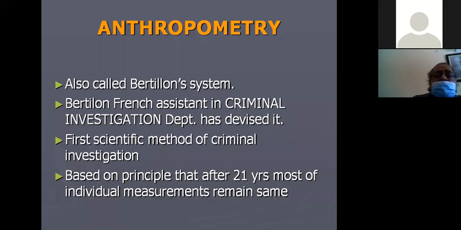Bertillon was a French assistant in the criminal investigation department. He devised it, and it depends on the observation that no 14 different measurements from the body will be similar in 2 persons.